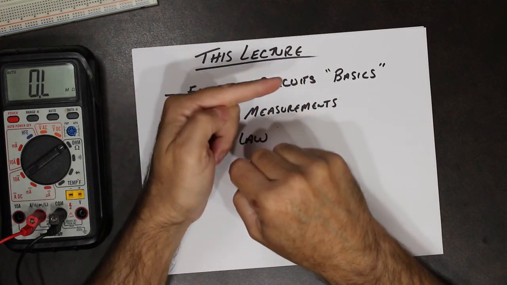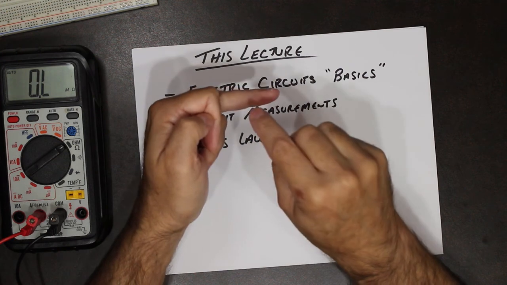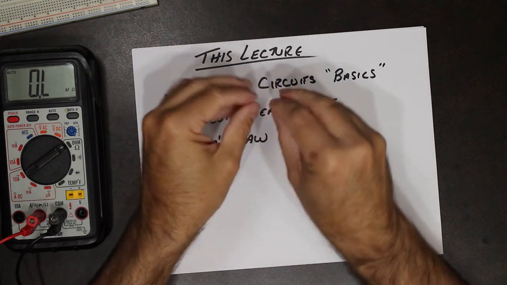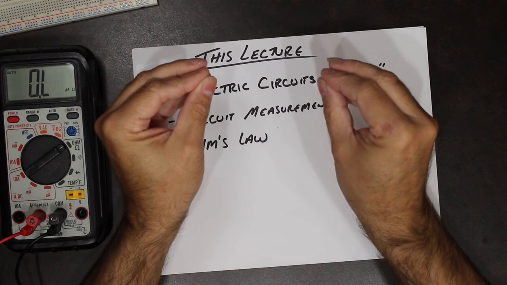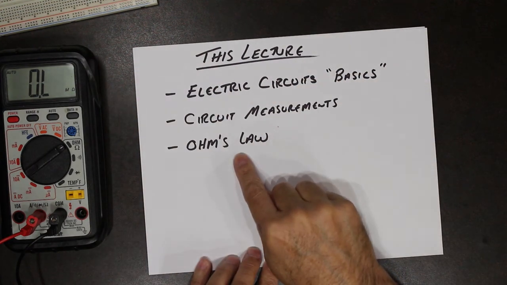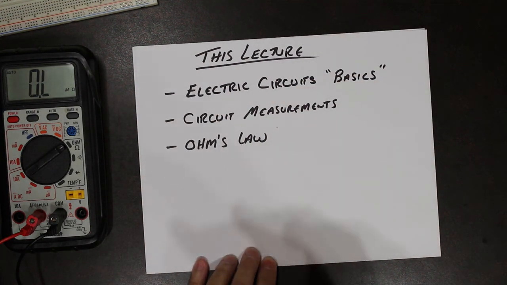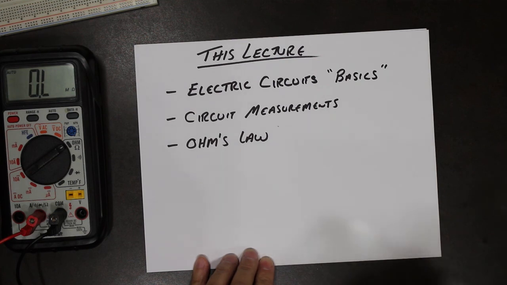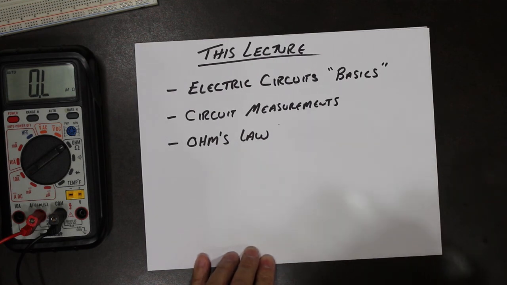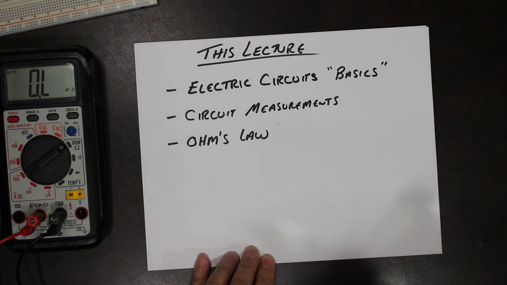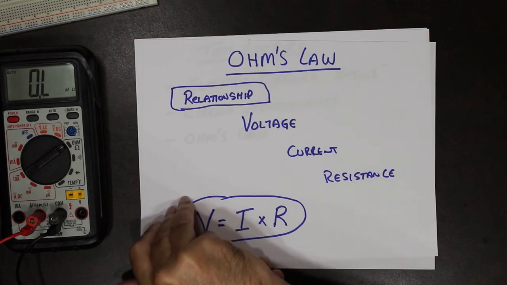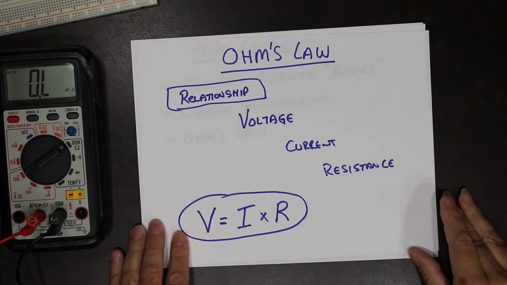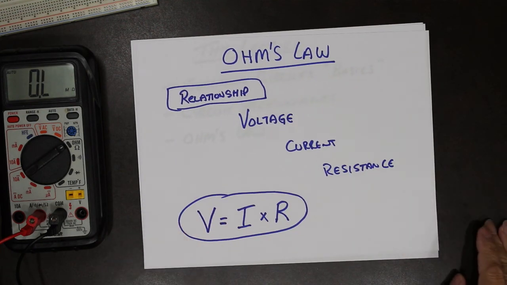Current is measured through a component. And resistance must be measured outside of the circuit. Ohm's law, a relationship between voltage, current, and resistance, takes the form of voltage is equal to current times resistance. Again, probably the most important law you will learn in electronics.